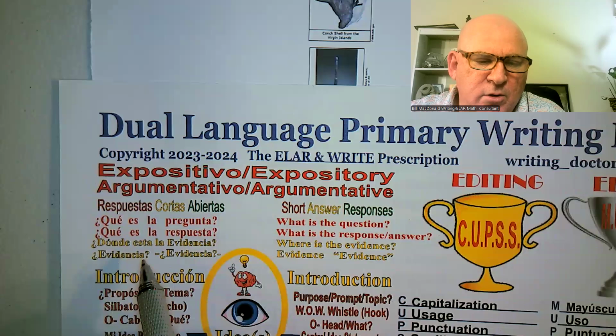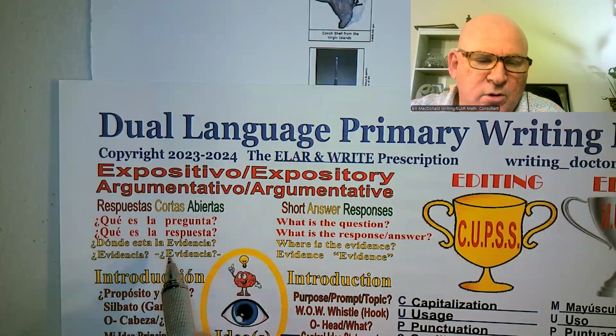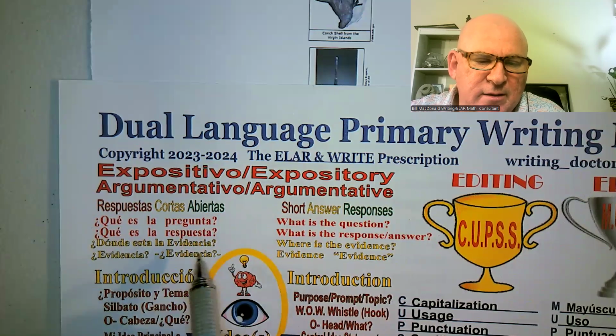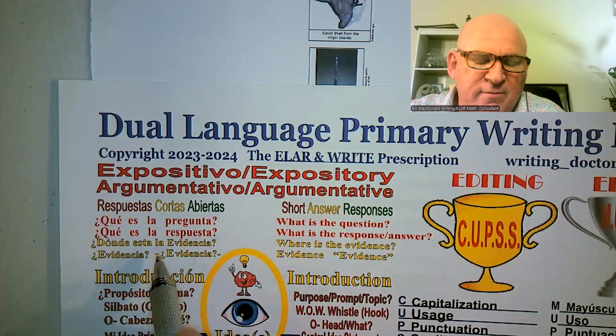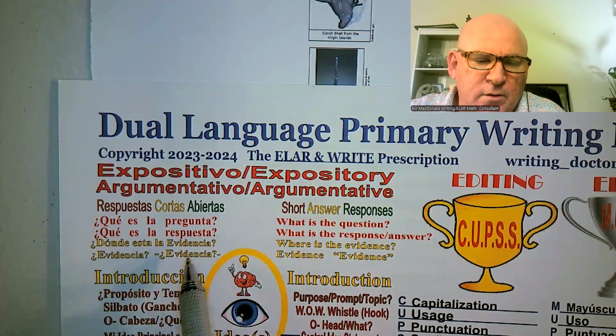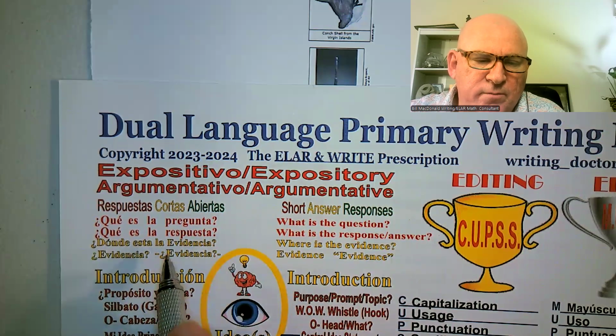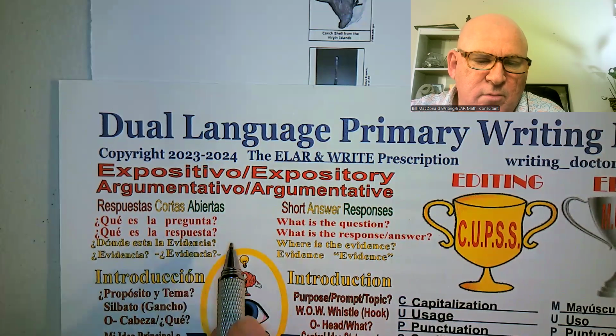Either with or without quotations, or these little marks. They don't really care whether your students use the quotation marks or these little marks to reference that you're about to quote something.